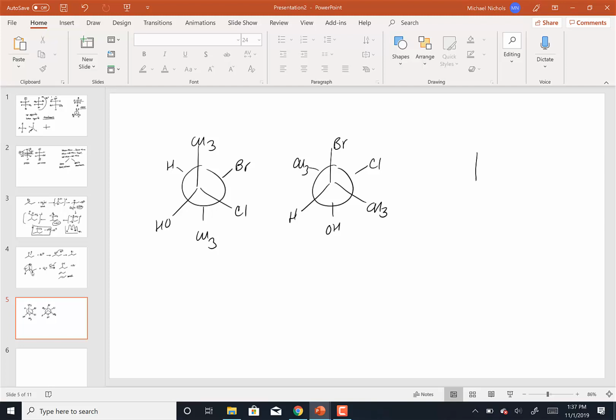Either way you do that, the back carbon, which looks like this, is going to look like that when it becomes the front carbon. So the back carbon has two positions, one position down. When I rotate it, it's now going to look like that with the V. And since this one is a V down, and then this one has a V up, the back carbon's going to have the V up.